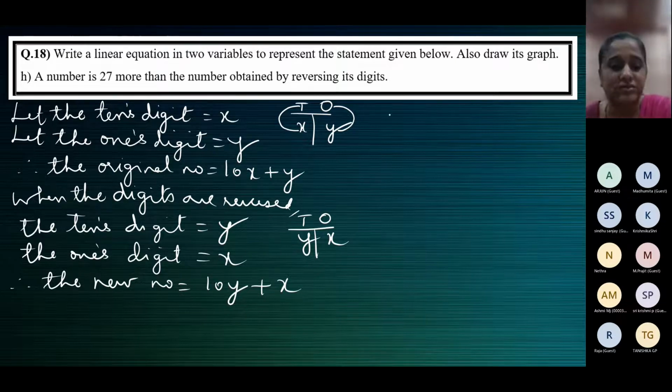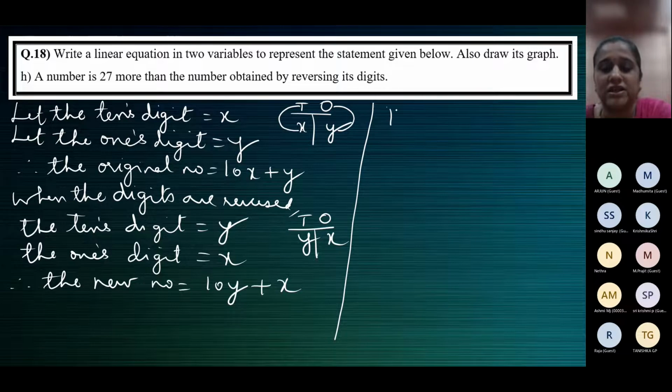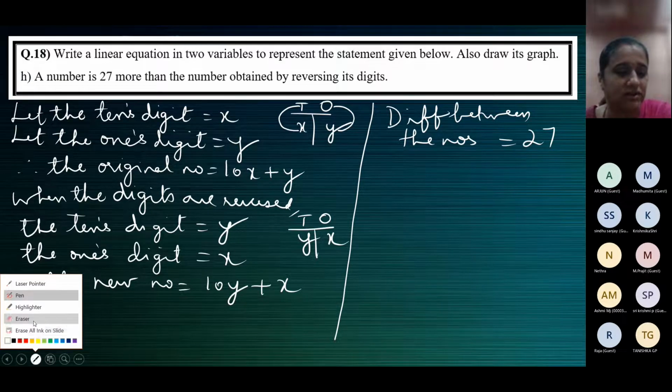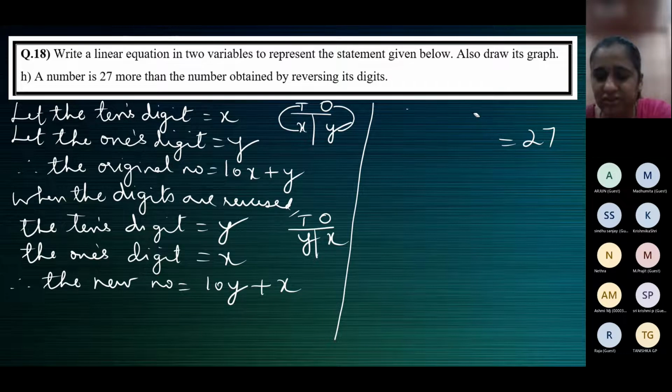So how do you express? The difference between the numbers is 27. That's what you understand. You don't have to write this also, I'm just telling you, maybe you can just write this directly. The difference between the two numbers is 27 is correct.